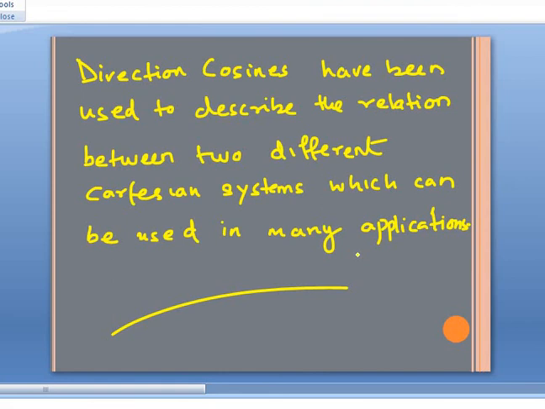A rigid body by itself will have a set of axes with respect to the external system. So how the body will move or rotate will be expressed by the relationship between these two coordinate systems. By what angle it has rotated, that we can understand.